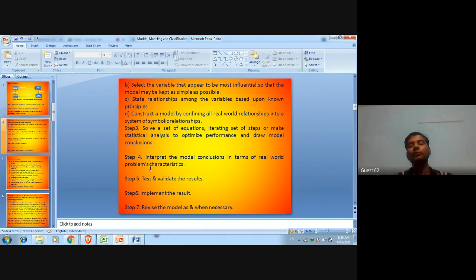I have also told you this in the phases of operations research. Actually, this also comes under the phases of operations research because we are constructing a model. Okay, the phases of operations research are the steps in which we try to solve our problem.